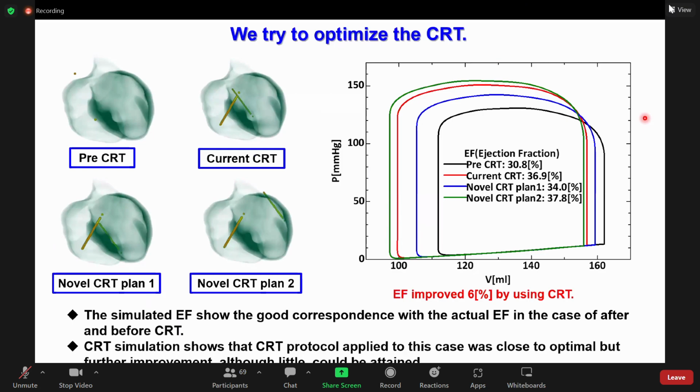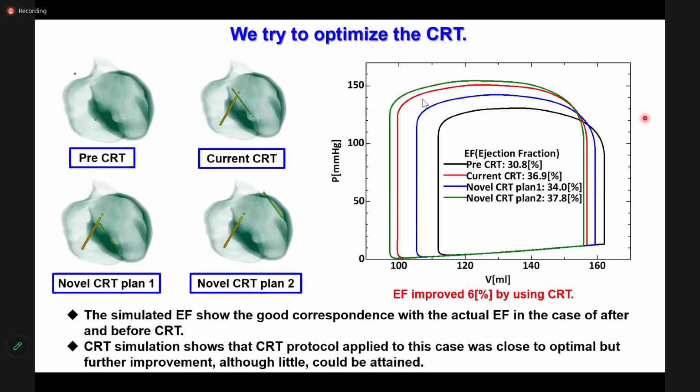The ejection fraction improved about 6% by using CRT in this patient. The simulated ejection fraction showed a good correspondence with the actual ejection fraction before and after CRT. Black line is the pre-CRT condition, and red line is the current CRT condition.